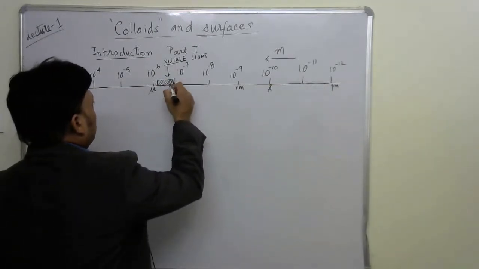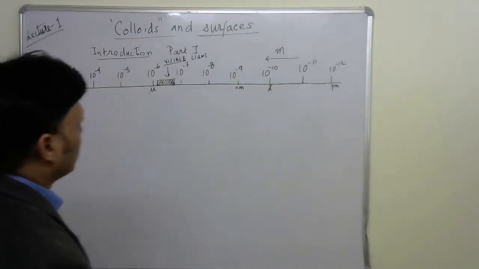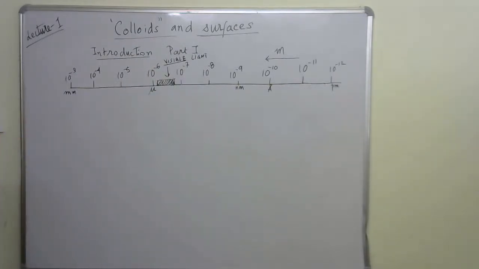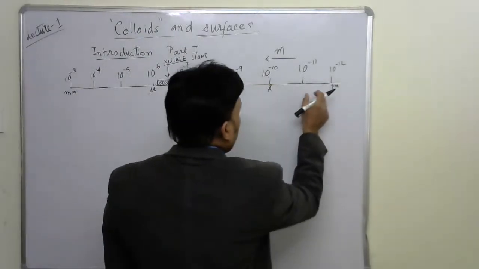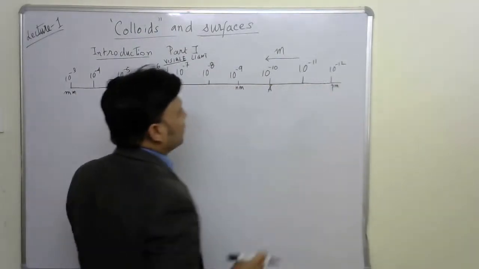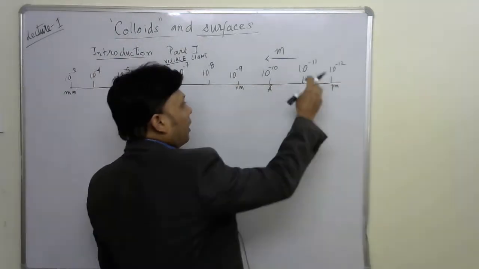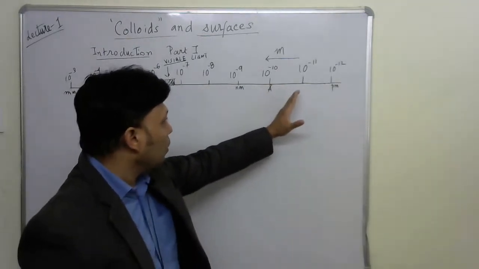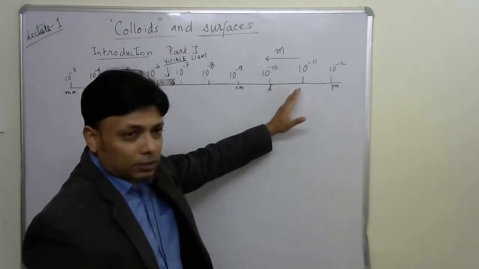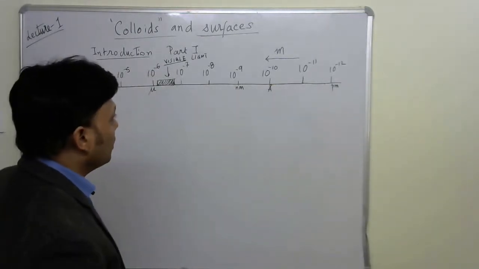Now let's start to demarcate the areas of the molecules. So how do we do that? This region, 10 to the power minus 11 meter or 10 picometer, is basically where the atomic sizes are clustered. It falls below the angstrom and above the picometer region.